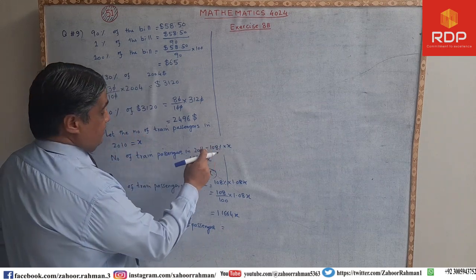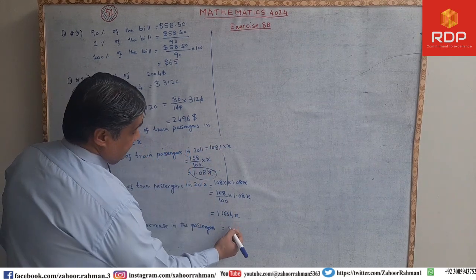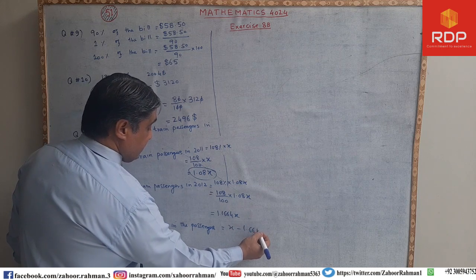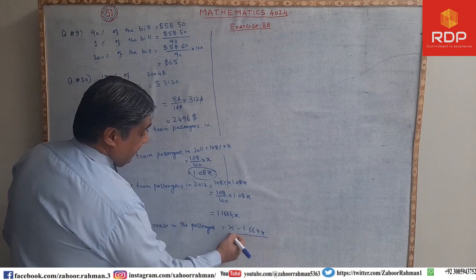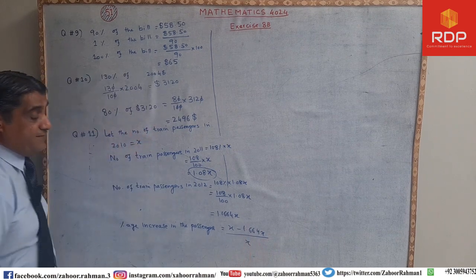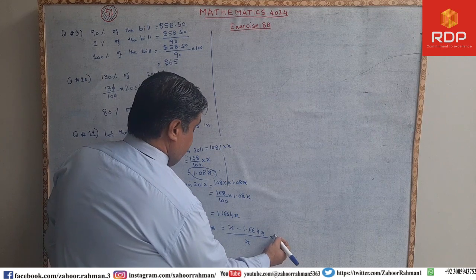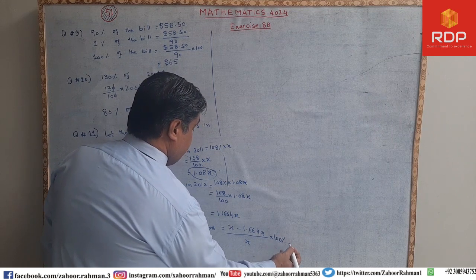The original value was X, and then we found 1.1664X, and then the original value is X, and then we have to multiply it by 100%.